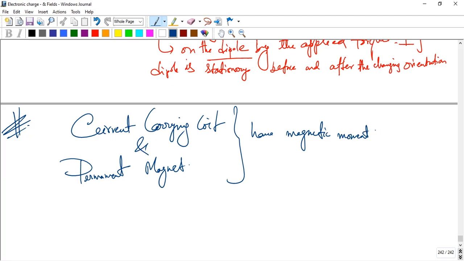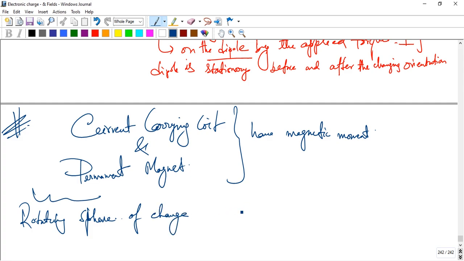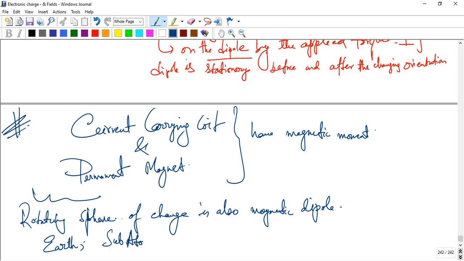A rotating sphere of charge is also a magnetic dipole, like the Earth or a subatomic particle.